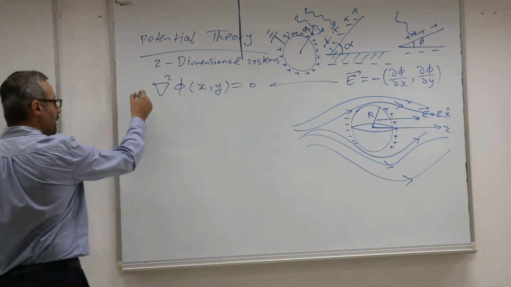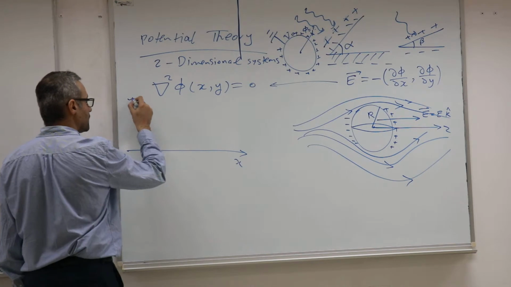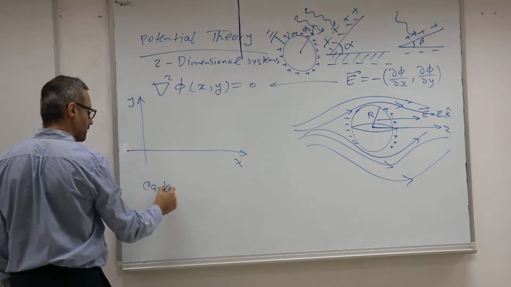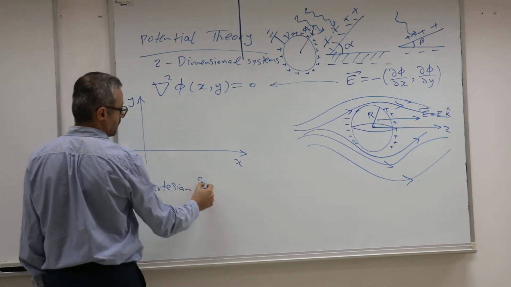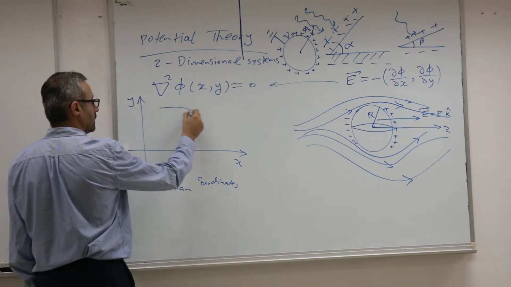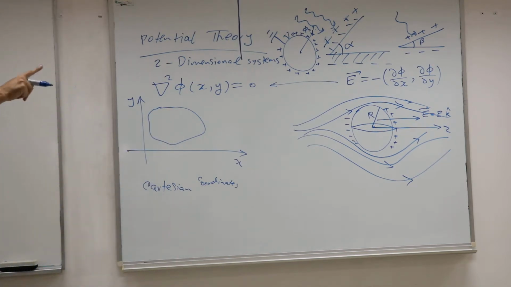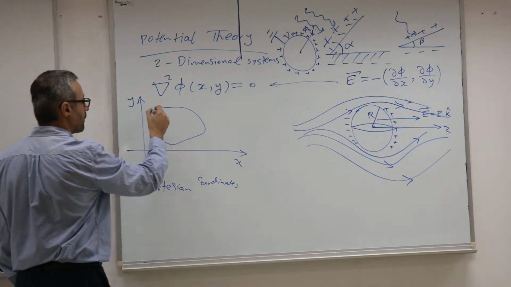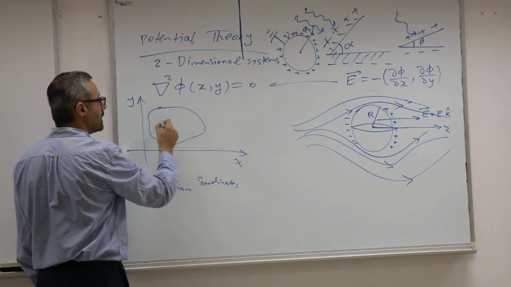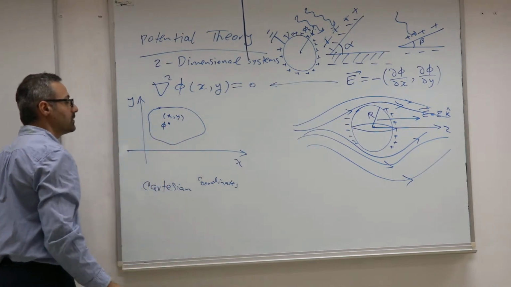So first I will talk about the solution of the Laplace equation in Cartesian coordinates. We have a region of space, like a circle, like this cone, like anything. And this is any point inside that, so I want to find the potential here by solving this equation.